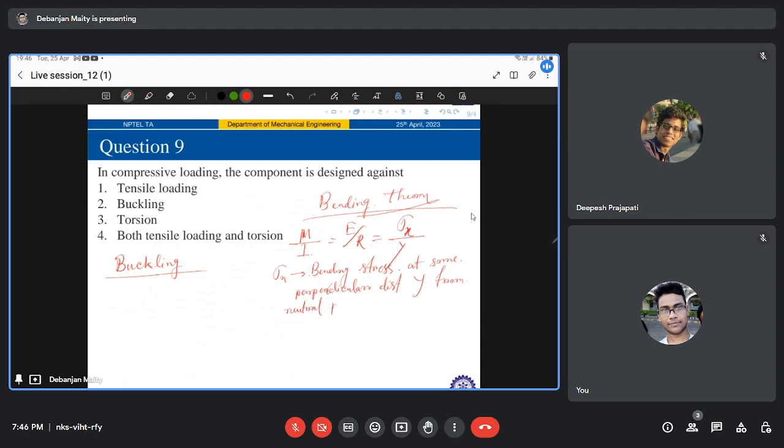And what is R? R is your radius of curvature, and you know what E is. That is your Young's modulus, right?